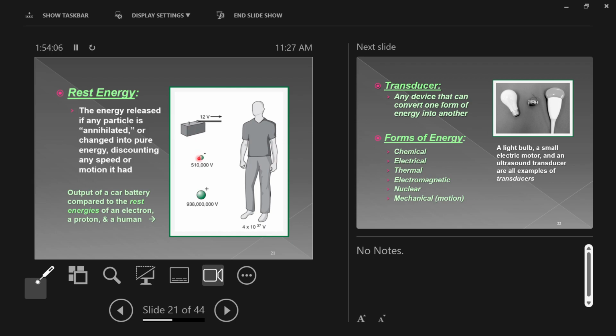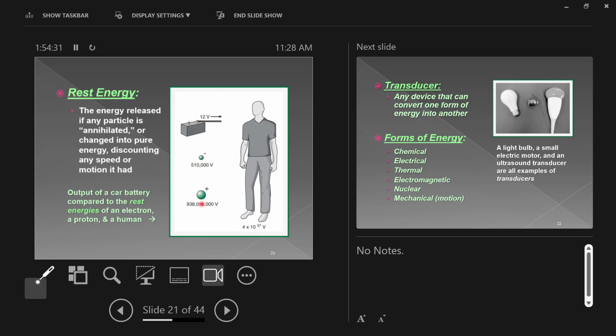Okay, get this. Take a single electron and take all of its mass and convert it completely to energy. It would give you 510,000 volts. A single electron, a single elementary particle, okay? If converted from mass completely to energy, 510,000 volts, okay? That's a lot bigger, a lot stronger than a car battery, right?